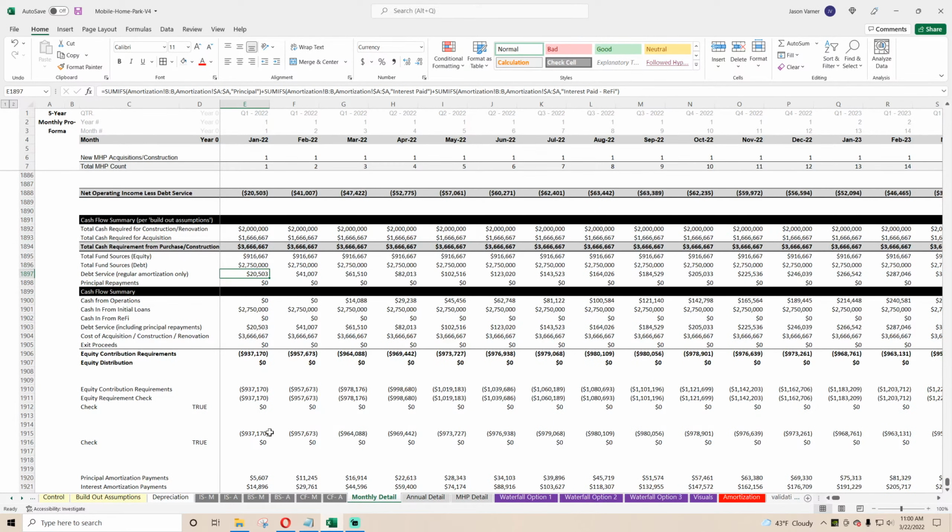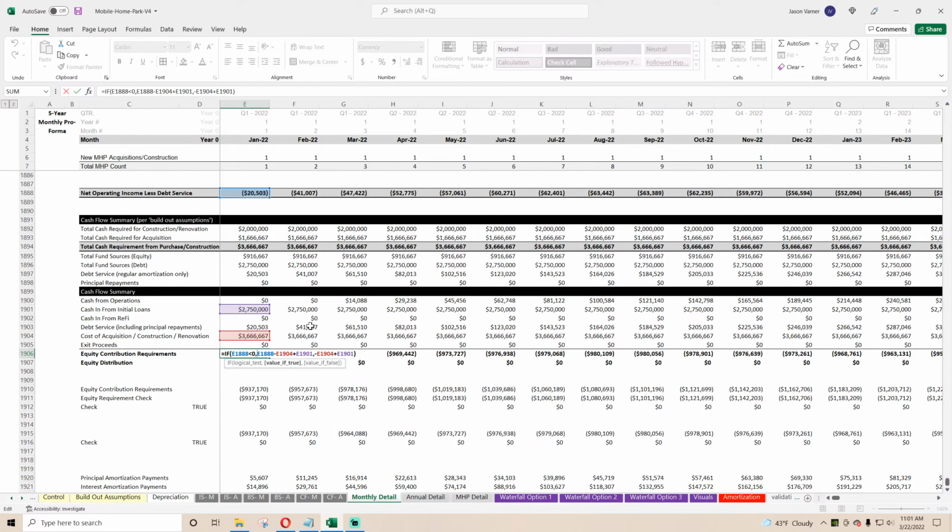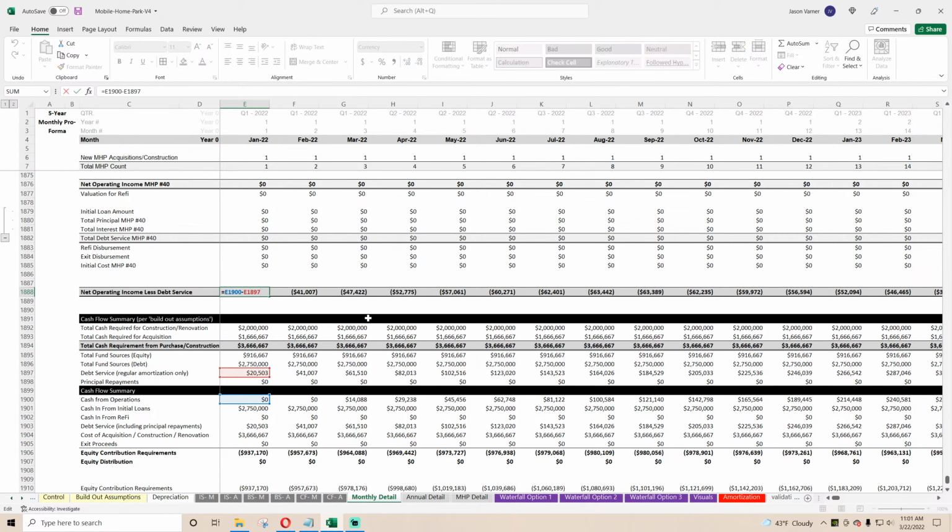All right. Equity requirement is taking net operating income less debt service. Oh, okay, so I'm already counting debt service in this, which is cash from operations minus debt service. Now, debt service including principal, I just want principal repayments.